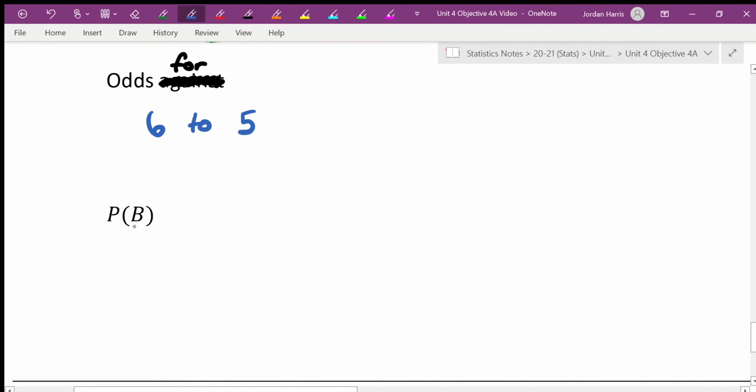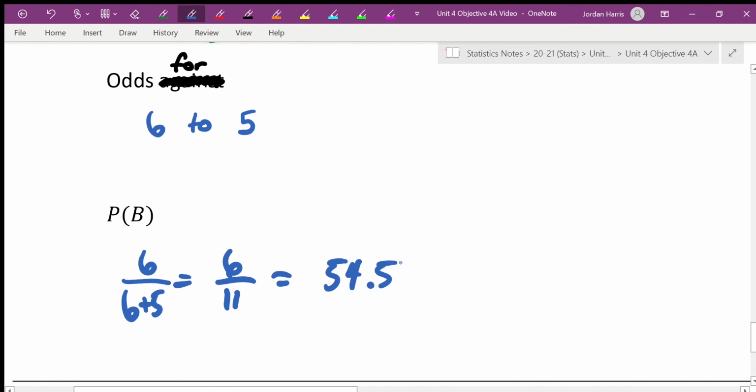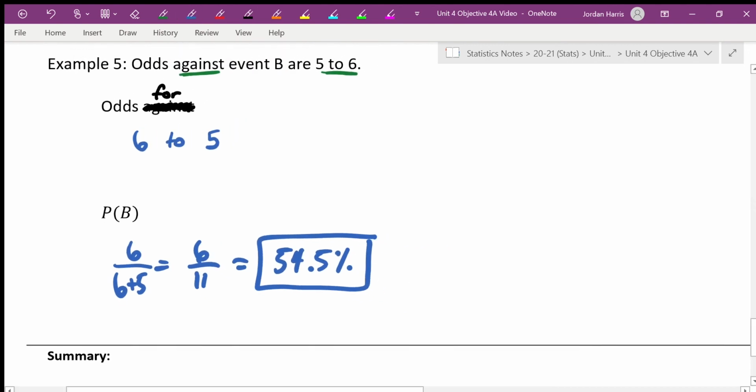So the probability that event B occurs is 6 divided by 6 plus 5, 6 over 11, which is 54.5%. So even though that number is bigger, it's still not a super high probability, right? It's 54.5% probability that it'll happen with 6 to 5 odds for it happening.